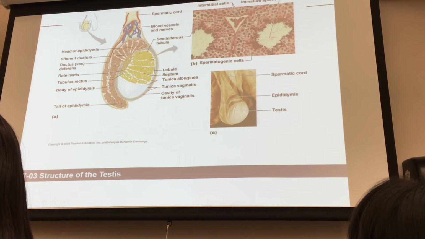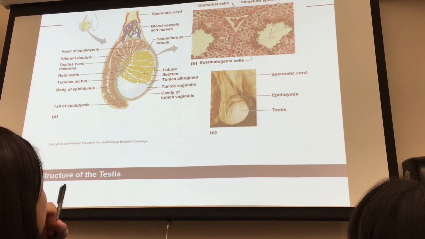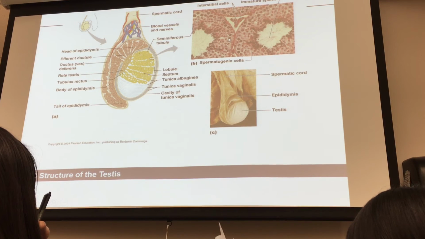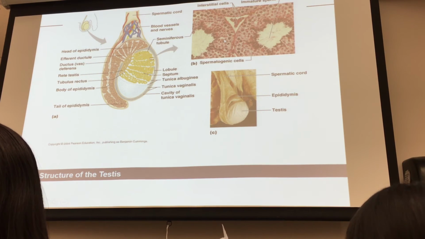Does this look familiar? Should. The testes, the seminiferous tubule, the interstitial cells, and all of the structures that I asked about earlier. Which cell at the tip of the pointer creates the blood testes barrier?